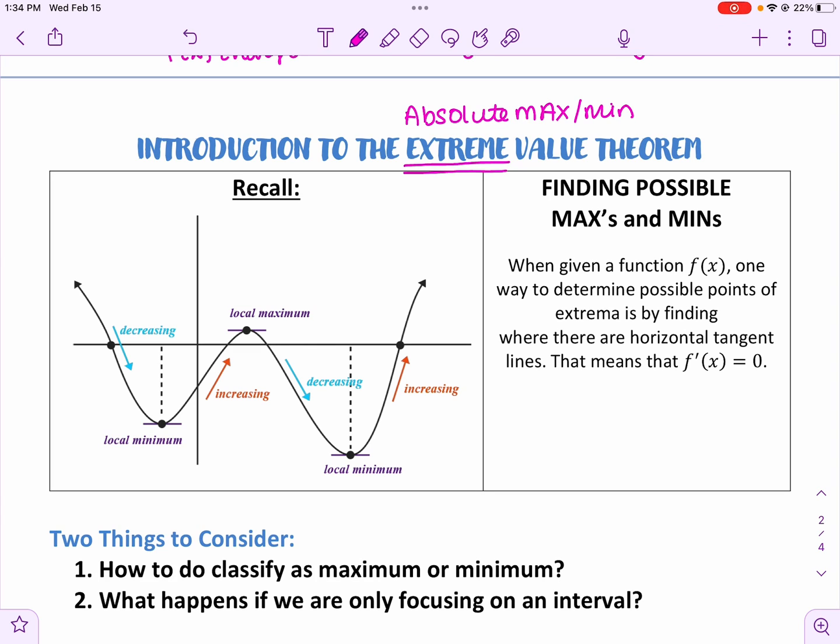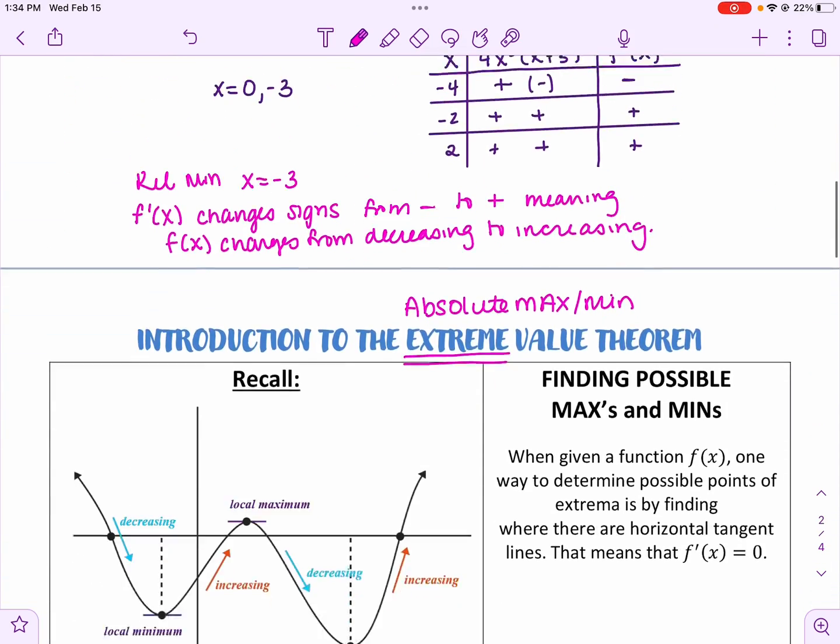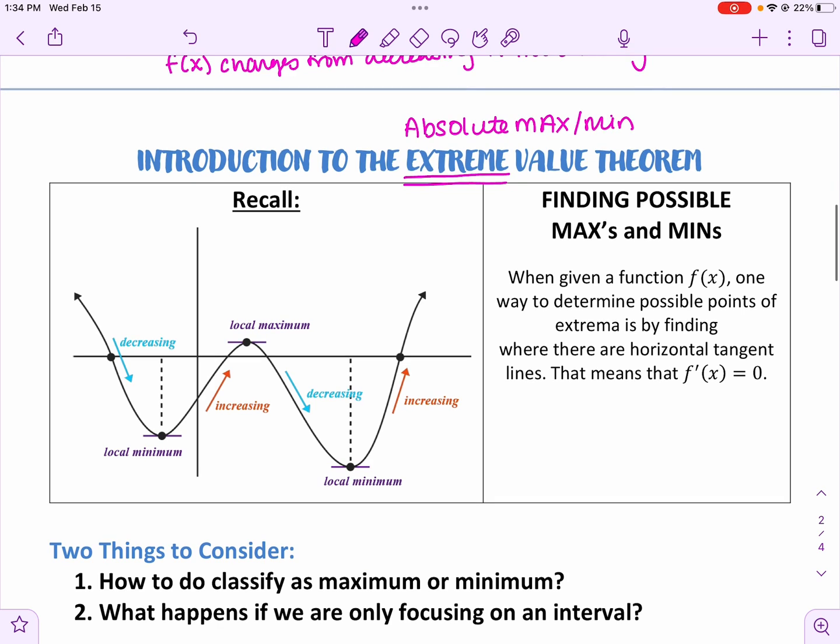We want the highest point or we want the lowest point. So the extreme value theorem is an extension of what we were just talking about. However, it says, let's look for absolute maxes and absolute mins, but not looking at the entire function. Let's just look at a small interval of that function.